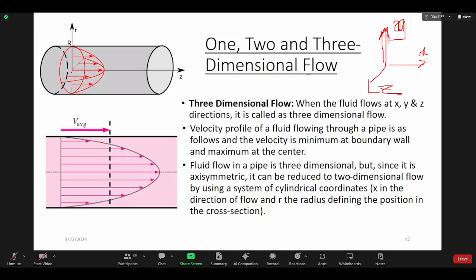You can see this is a three-dimensional flow.